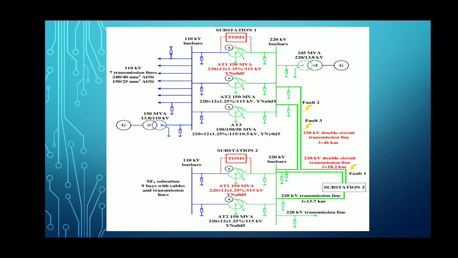Then a section isolator is also connected. Substation 1 and substation 2 are connected in the power system. One is generating 132 kV, and 132 kV is converted into 11 kV with the help of a step down transformer. That stepped down voltage is directly fed to the bus bar.